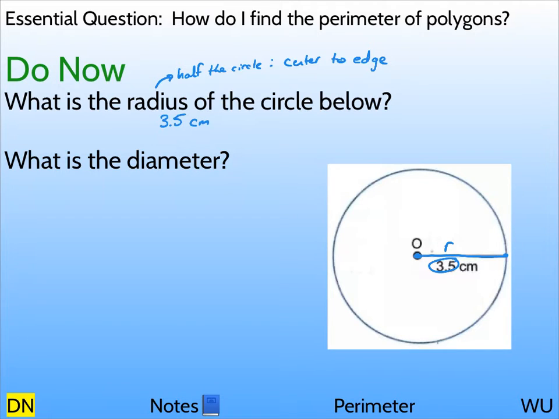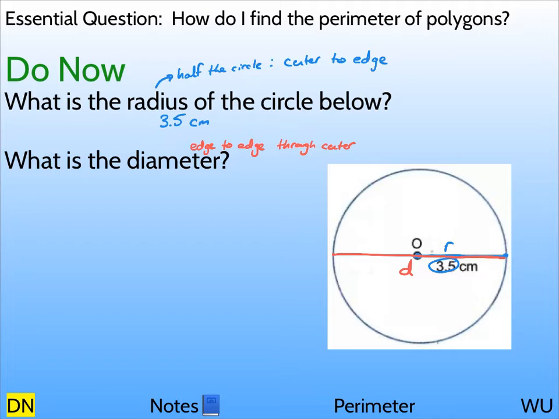Now, the diameter, remember, goes from one edge to the other edge, but it goes through the center. So basically, it's like going the whole circle. It's going from here straight through all the way over to here.